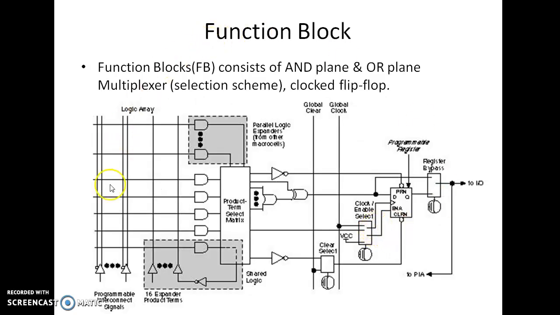So this would be the internal architecture of a functional block. It is very simple. It looks like a very complex circuit, but it consists of AND gates and OR gates internally, and some of the product terms are selected. A product term select matrix would be there. This is nothing but a multiplexer, because multiplexers are used to select only one of the product terms based on the requirement.